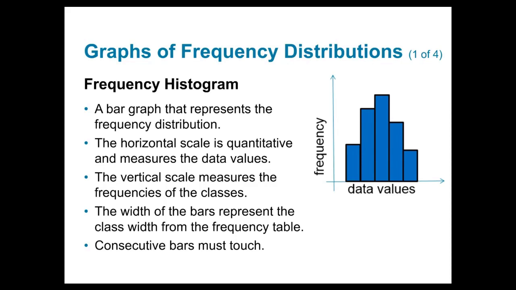A frequency histogram is a bar graph representing the table that you have. Across the x-axis, it's always going to be quantitative and represent the data values. For us, that x-axis is always going to be the class boundaries.